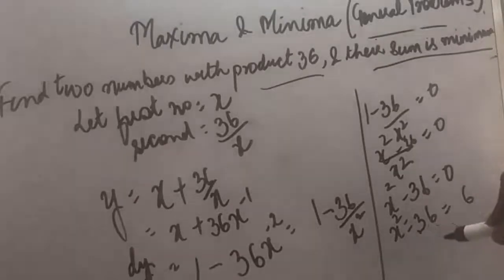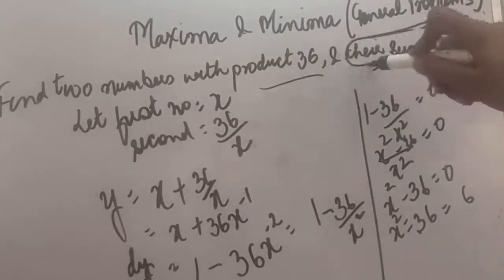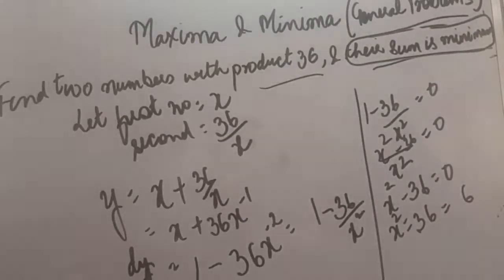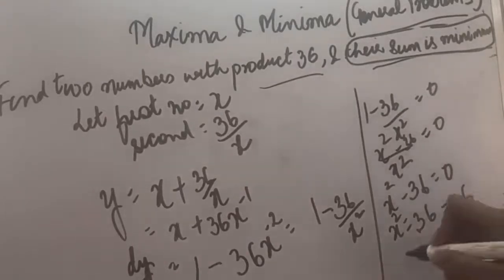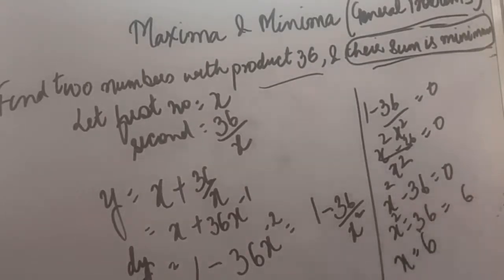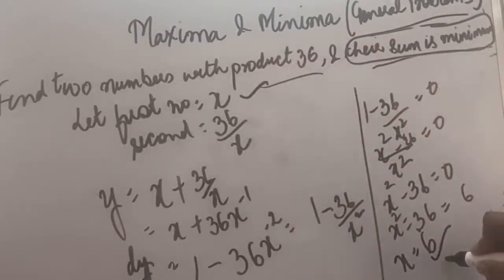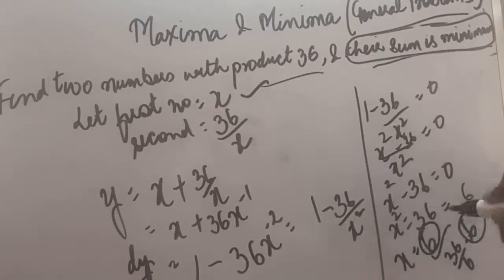From here we can again take the second derivative and see it will be minima only, because the value of the second derivative will be positive. From here we have got the first answer, that is x is equal to 6, the first number. The second number will be 36 by 6, again 6. So both the numbers have been calculated.